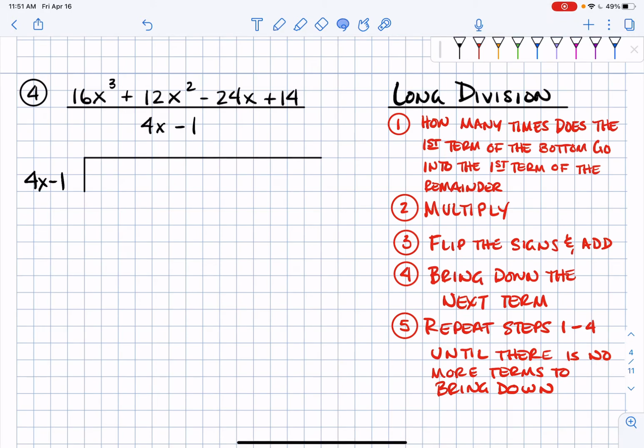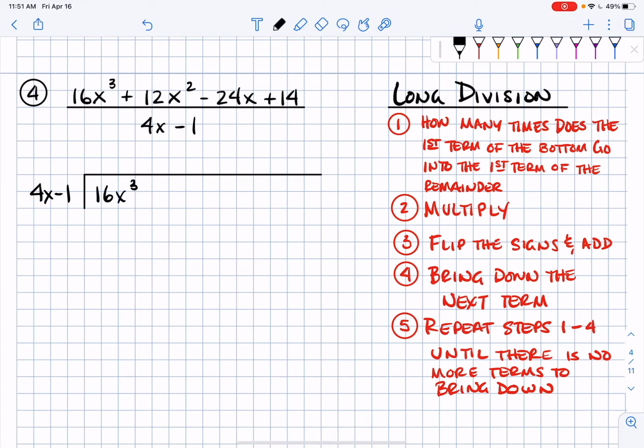So actually, what I'm going to do, yeah, let's do it that way. All right, so in here, do we need any placeholders? No, because we got 16x cubed plus 12x squared minus 24x plus 14. So the power went from 3 to 2 to 1 to none, okay?